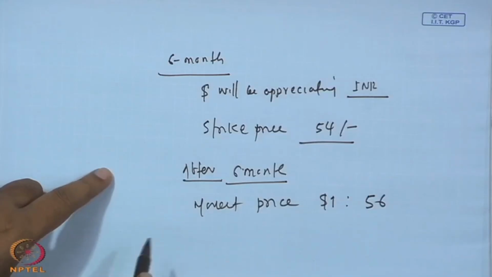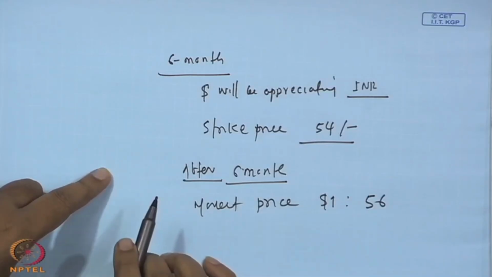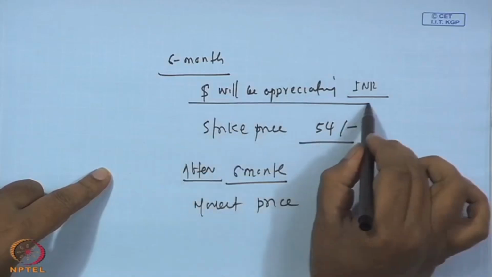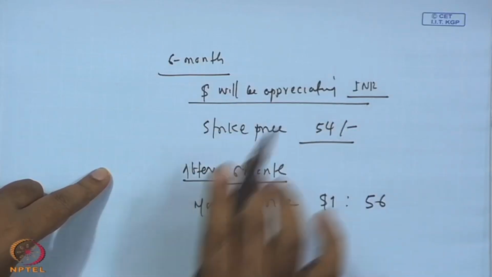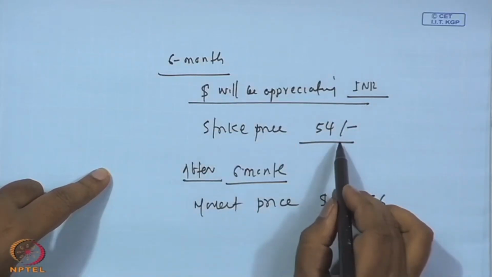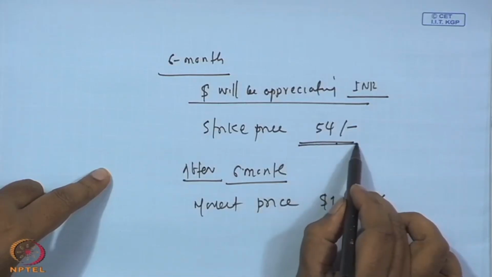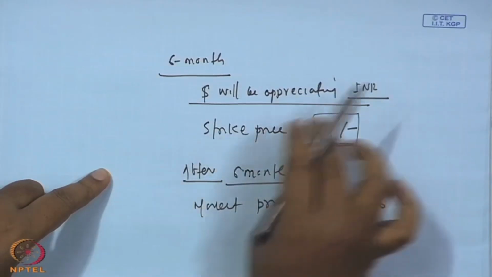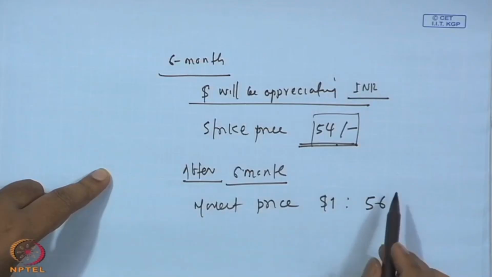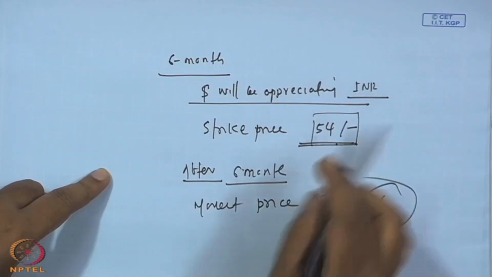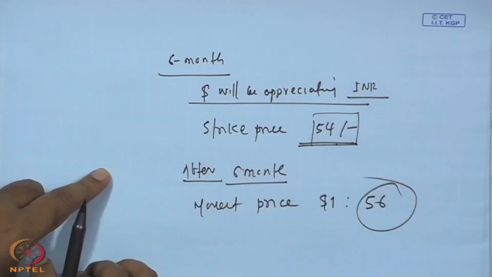I predicted the dollar would appreciate, so I took a position in the call options market. I have a contract with the call option seller to give me dollars at 54 rupees. I will take them at 54 rupees and sell in the market at 56 rupees and get a profit of 2 rupees per dollar.